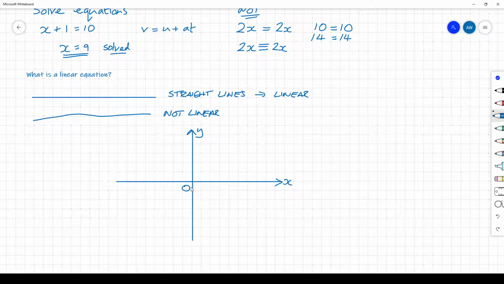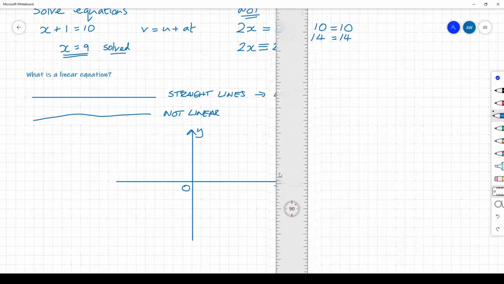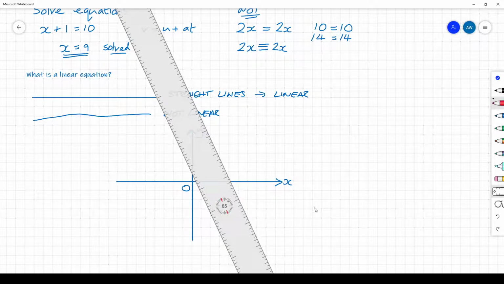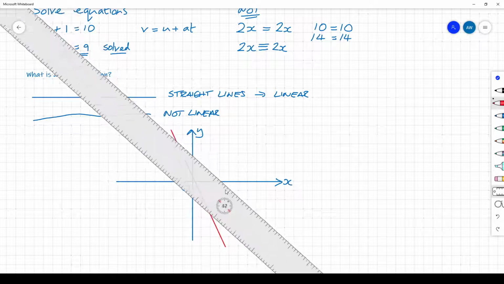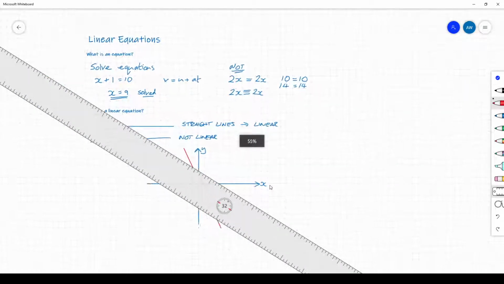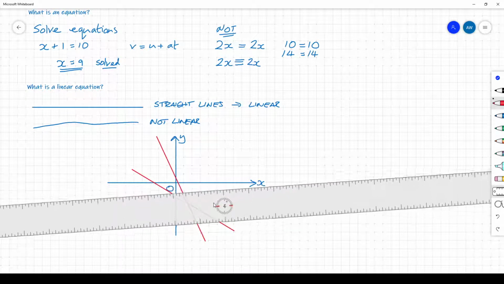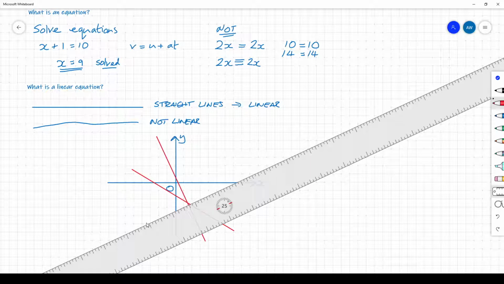So if I did a graph of any linear equation whatsoever, then I would get straight lines. Okay, so I did a graph there, I get a straight line there. If I did another graph, I get a straight line. If I did another one.